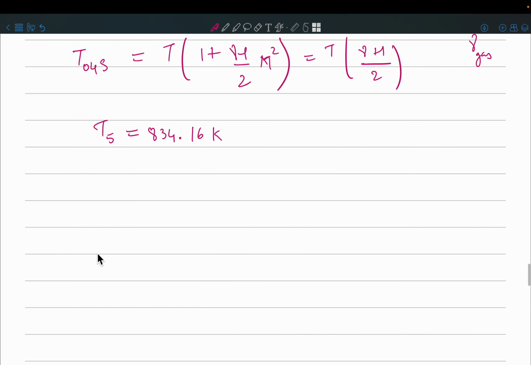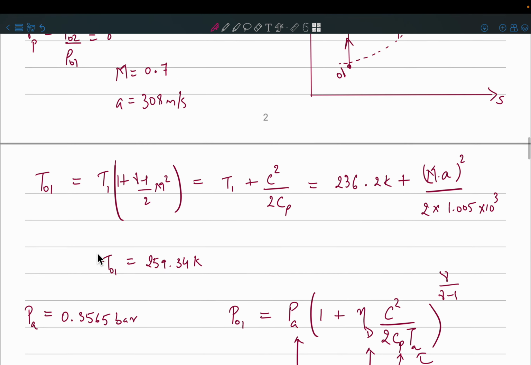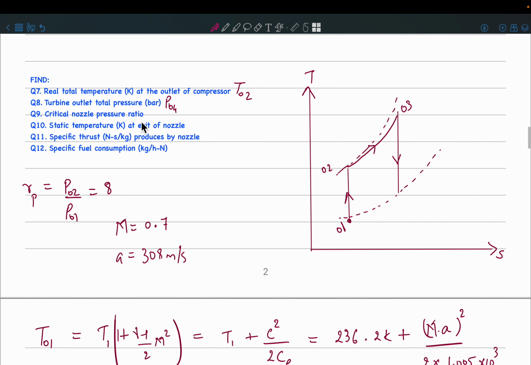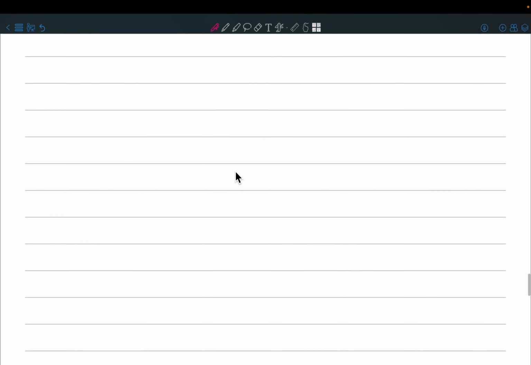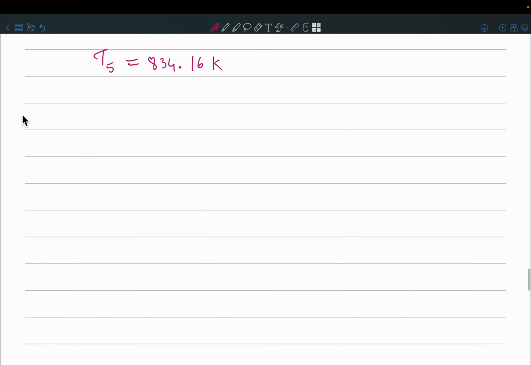Then going back up, we also had to find the specific thrust produced by the nozzle and the specific fuel consumption. This is the static temperature at the exit of the nozzle that we have found. Now to find the specific thrust produced by the nozzle, remember, in a turbojet engine there is some pressure applied in this direction, say PA, and some pressure applied in this direction, say PE.